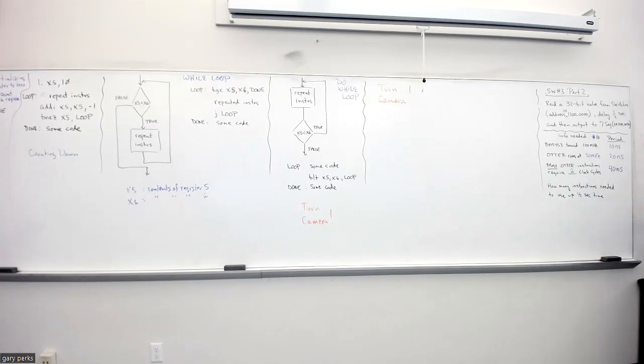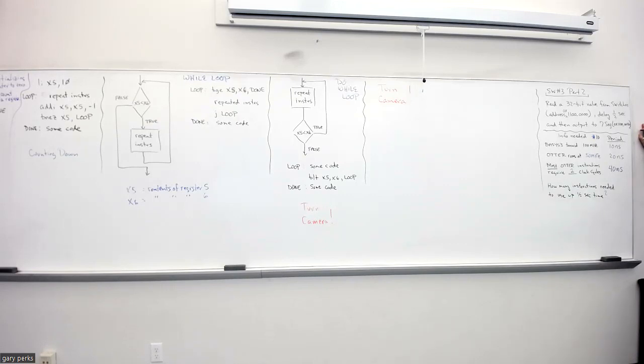So now we can figure out how many instructions we need to use up half a second of processing time, because that's really what we mean by a delay here. A delay is to process for half a second before we do anything else.